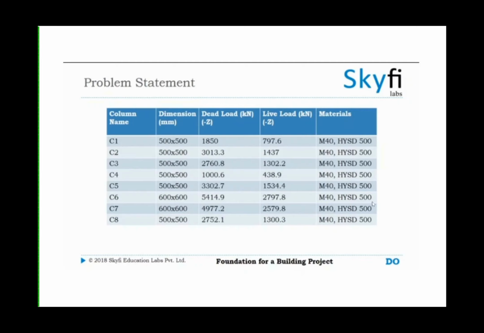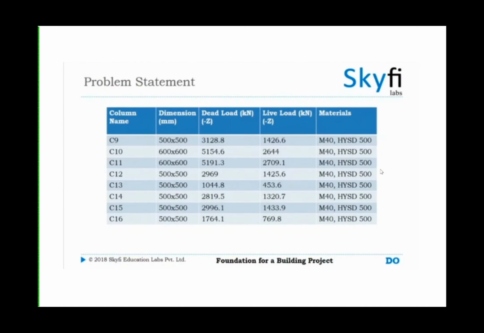In the next slide, which is the third and last slide, the column sizes, dead load, live load, and material specification are given for columns from C9 to C16. So that is the problem we have to solve.